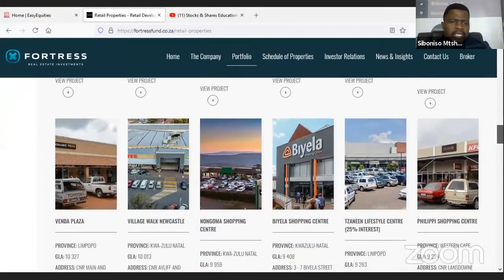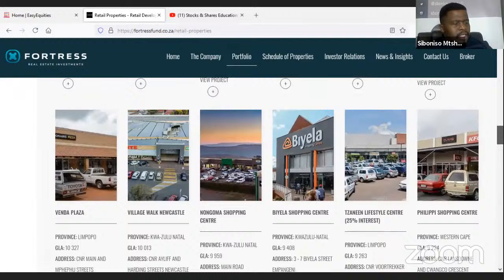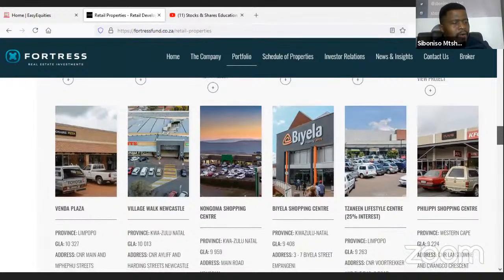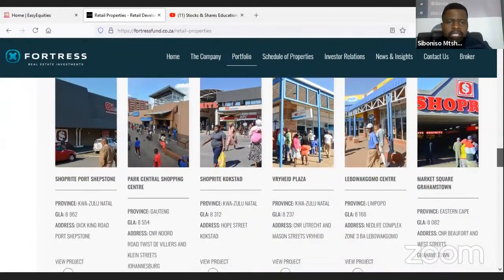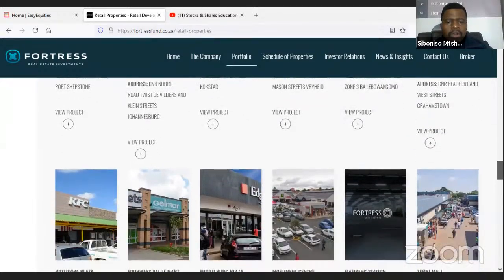You can see Northwest, you can see Mpumalanga, this whole setup. It's a whole lot of things happening.